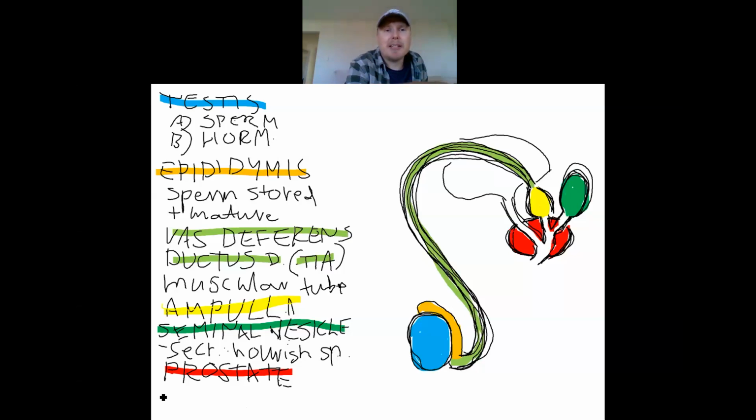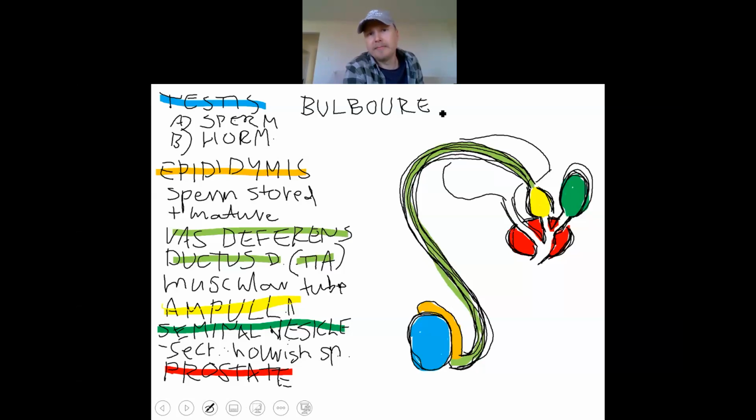So I'm going to write it here. Another term that's sometimes used to describe this gland is Cowper's gland, and that's after the person who identified it first.